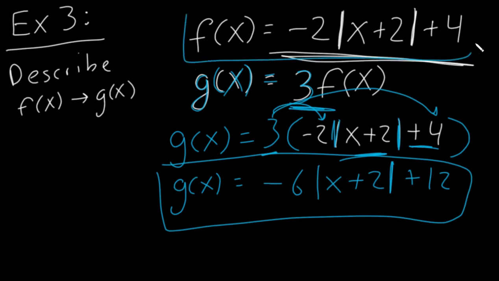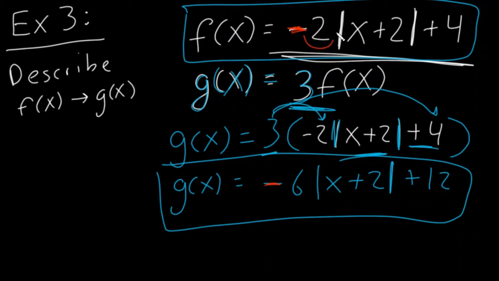Now this is my actual function, g of x. This is my actual function, f of x. And let me go ahead and switch to a red to highlight every single change. So, our first question, we went from a negative leading term to a negative leading term, and there was no change. So this was clearly not reflected. Let me say that one more time. Since it went from a negative to a negative, there was no change. It was not reflected.